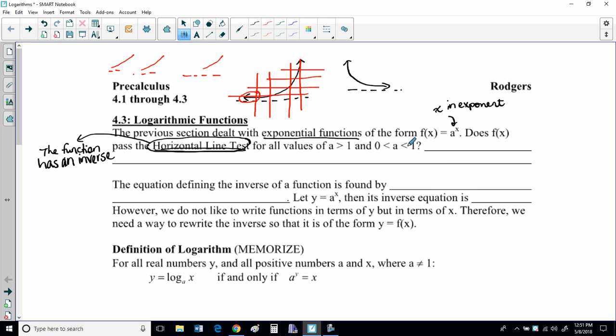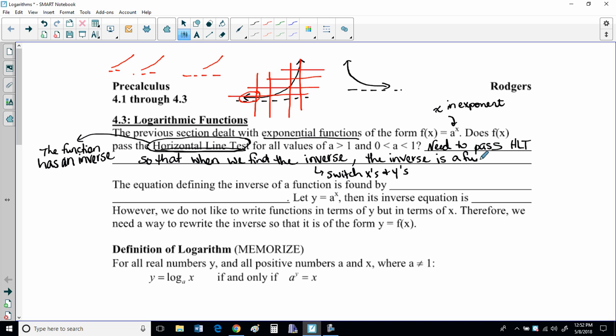Okay? So, in other words, we need to pass the horizontal line test so that when we find the inverse, which inverse just means switch x's and y's, the inverse is a function.